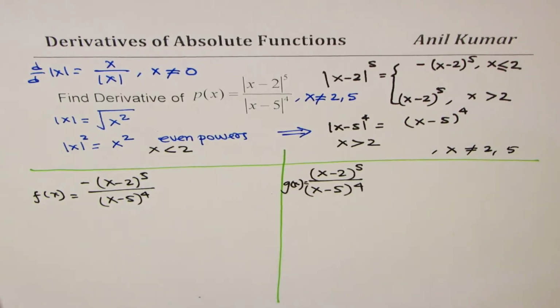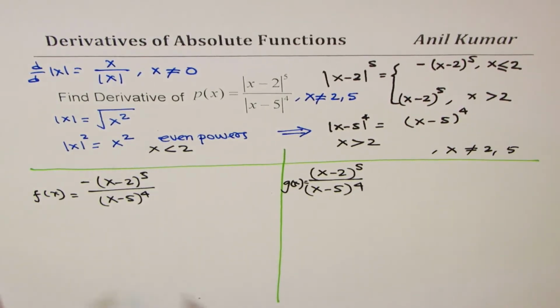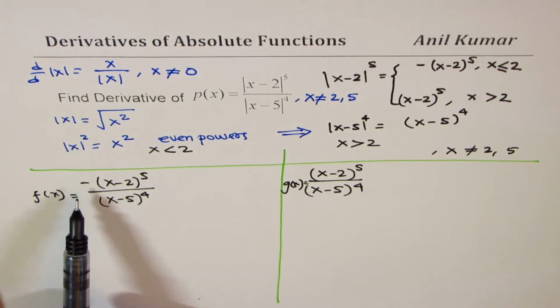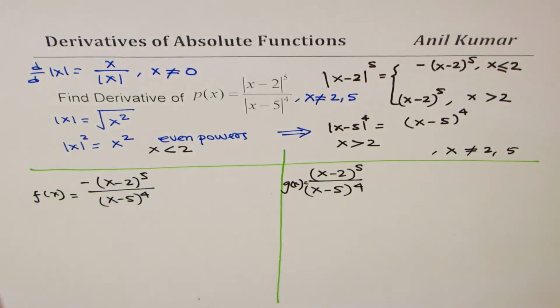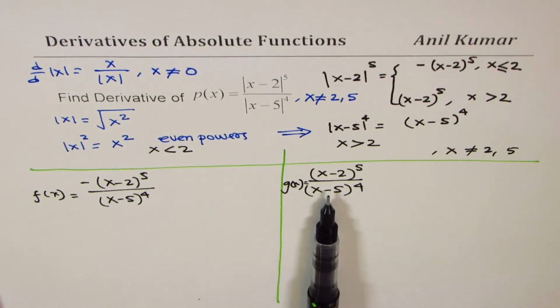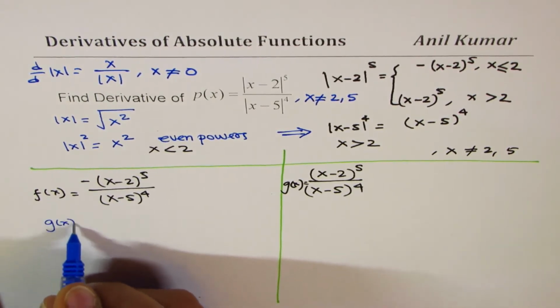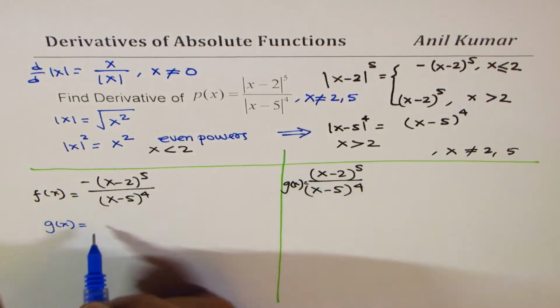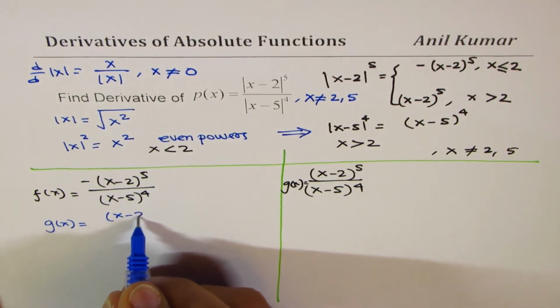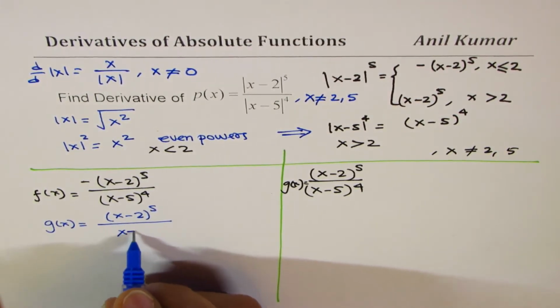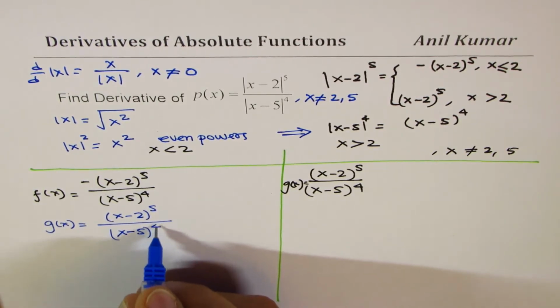Is it okay? Now the idea is that both are very similar functions except for this negative sign. So we'll work with the derivative of this function, right? So we can write g of x equals (x minus 2) to the power of 5 over (x minus 5) to the power of 4.